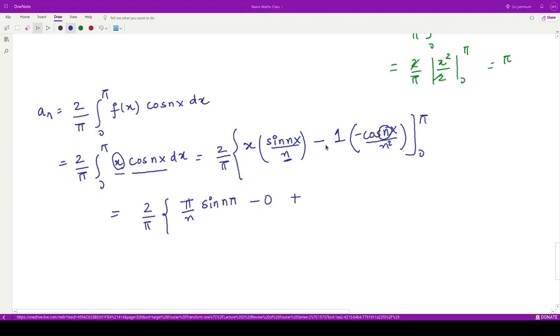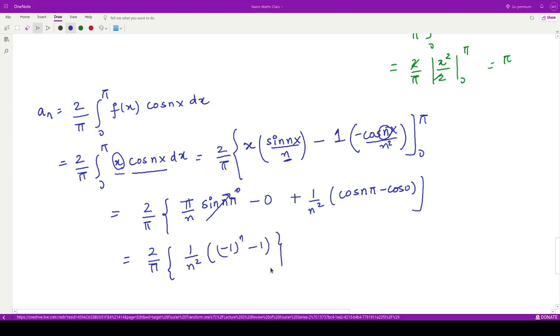Then this minus and minus becomes plus, so plus 1 by n square into cos n pi minus cos of 0. Now sine n pi is 0, so this term is 0, and we are left with 1 upon n square. Cos n pi is minus 1 raised to power n, and cos of 0 is 1. So this is the value that we obtained after simplification. So this is our a n.